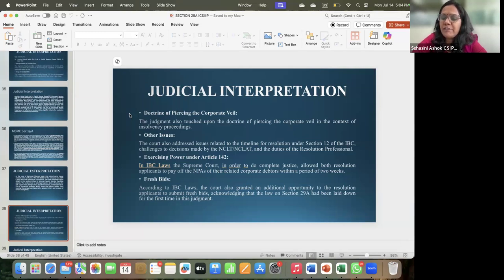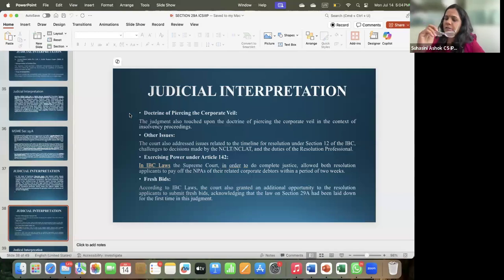Here, the disqualification should apply on the date of submission of the resolution plan. As per the IBC, the court also granted additional opportunity to the resolution applicants to submit fresh bids, acknowledging that section 29A had come up for application for the first time in this judgment.